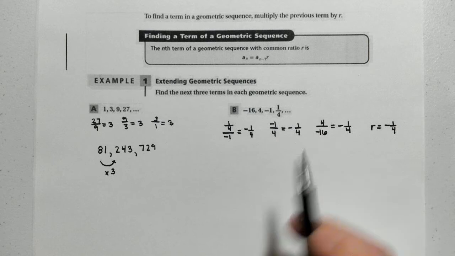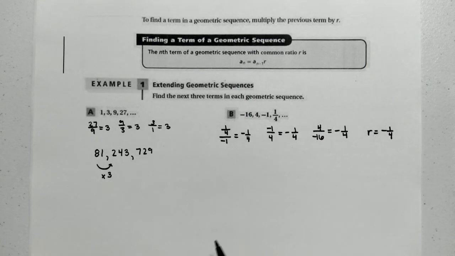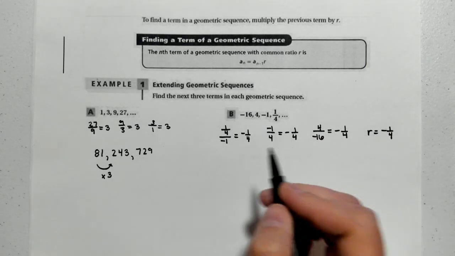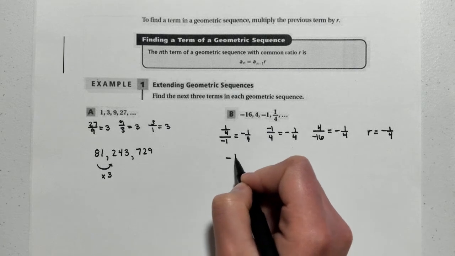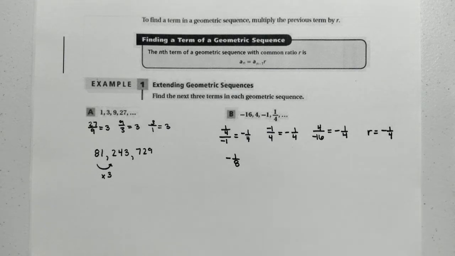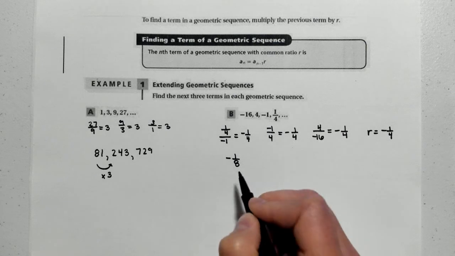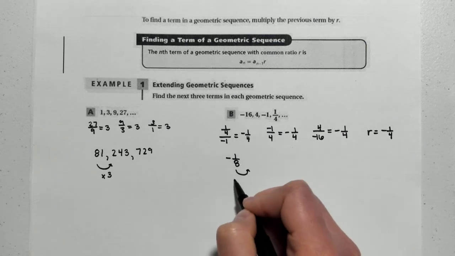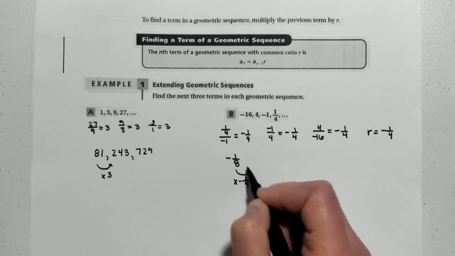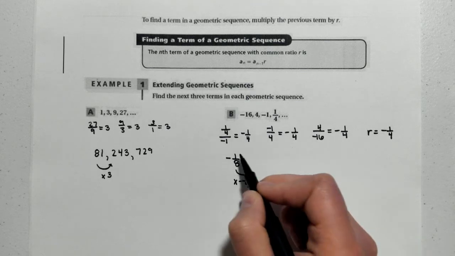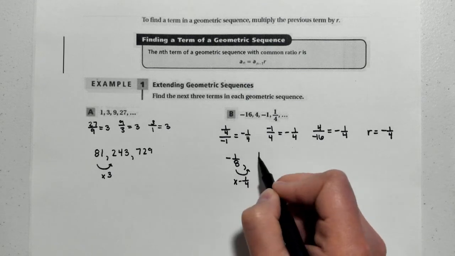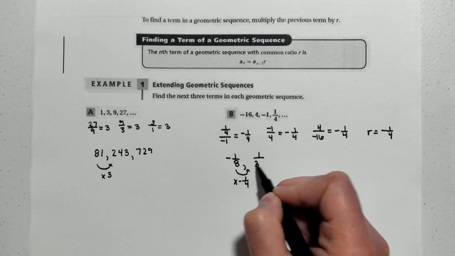So to get the next term, I'm going to take 1/4 and multiply that by negative 1/4. So I'm going to get negative 1/8. And then I take that and multiply that by negative 1/4. And negative times a negative will be a positive. 1 times 1, the numerators, will give me 1, and 8 times 4 is 32.